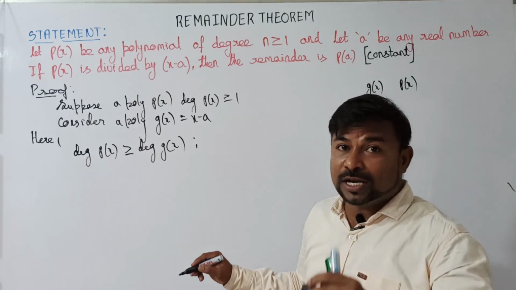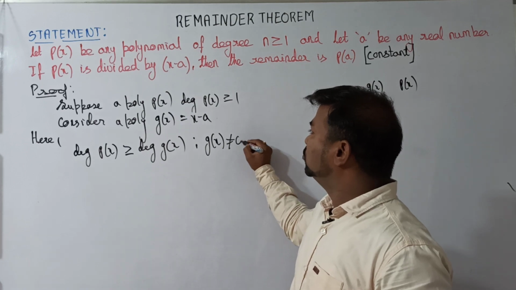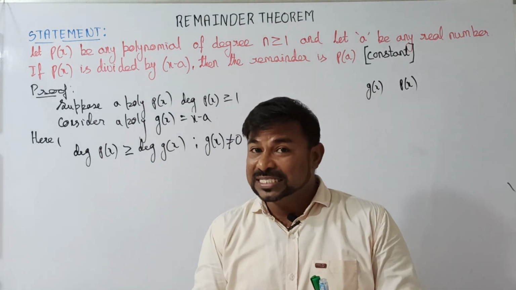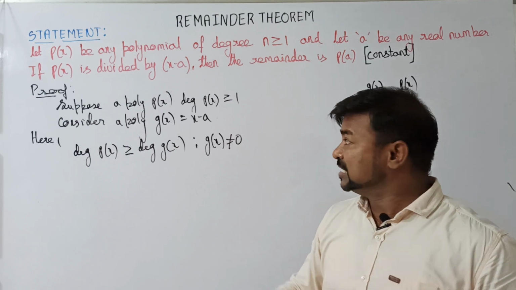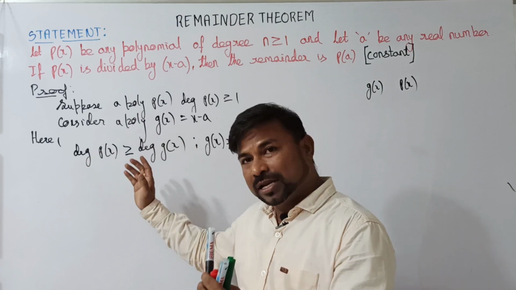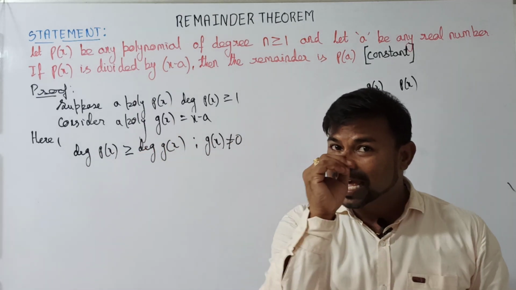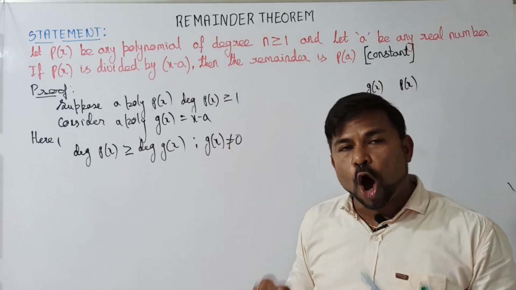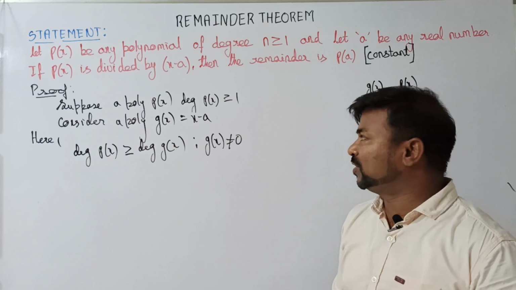And a very important point: g of x should not be equal to 0. These are the two conditions we are taking.